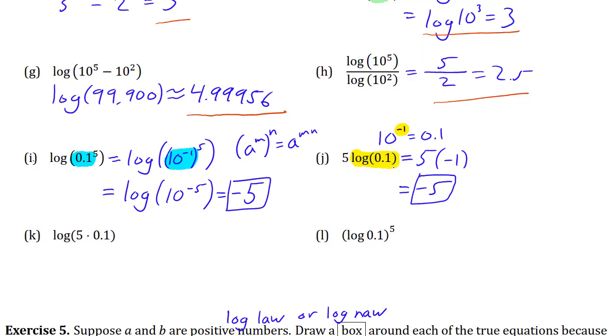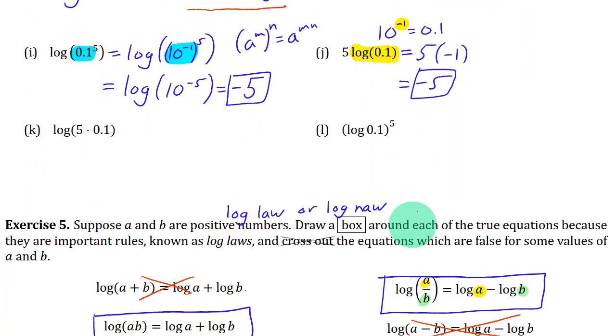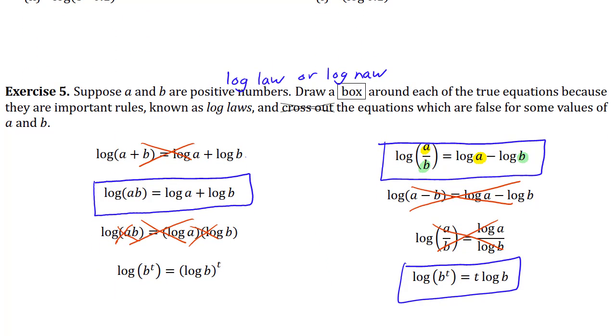So we get the same thing either way. That is why this last one is a log law. You're basically multiplying the t by the exponent of 10 that results in b in different ways.